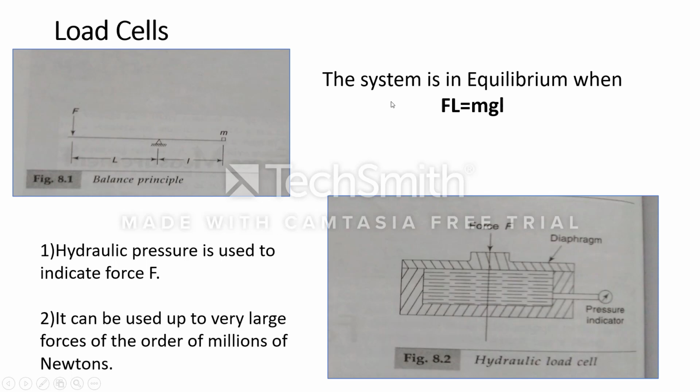When the system is in equilibrium, FL is equal to mgl, so l can be cancelled and F is equal to mg. The unit of F is Newton: m is kg, and g is acceleration due to gravity, so kg meter per second square, that is a Newton. This is the simple principle used for measurement of a force.